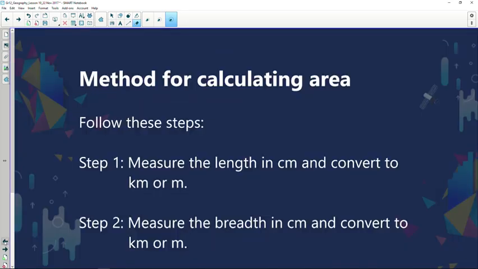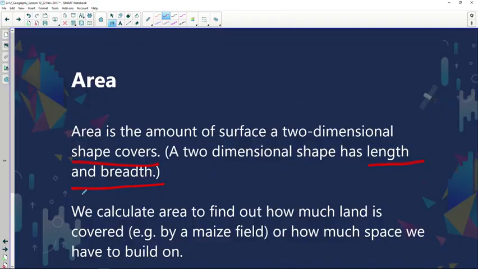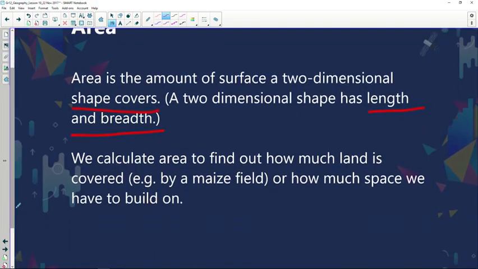Now, if we quickly look at area, area is the amount of surface a two-dimensional shape covers. You've done area before in mathematics, and the formula is length times breadth. How do we use it? We calculate it to find out how much land is covered.